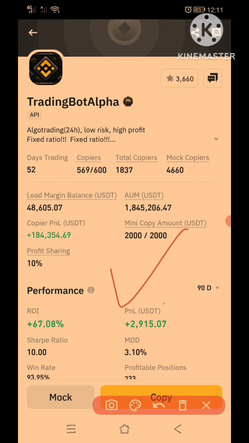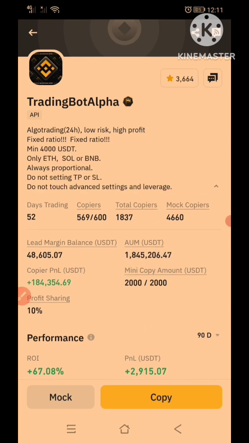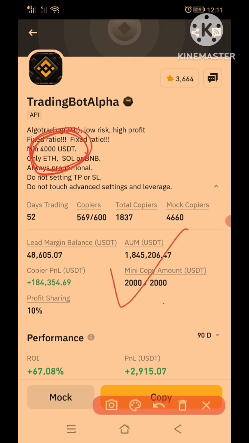But here, this one is maybe good. So let's add to the favorites. What makes it difficult is the minimum of $4,000. If you do not have $100,000, don't consider it. It's too risky to put everything you have, or a big part of your money, in one trader.